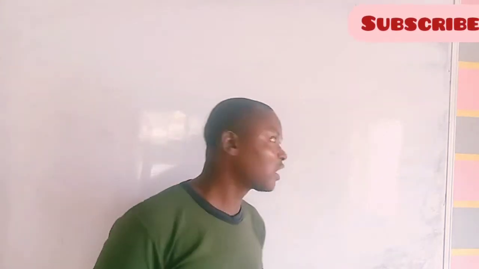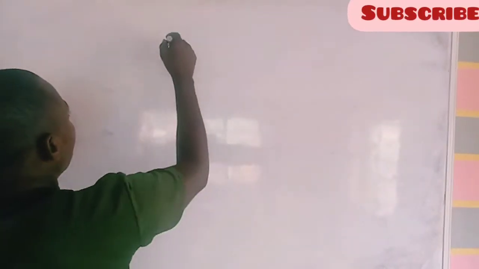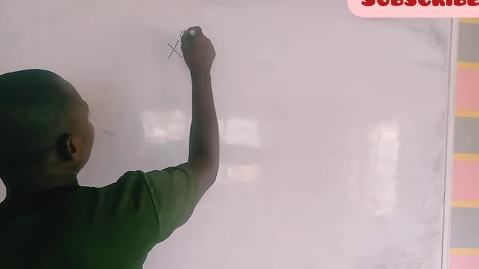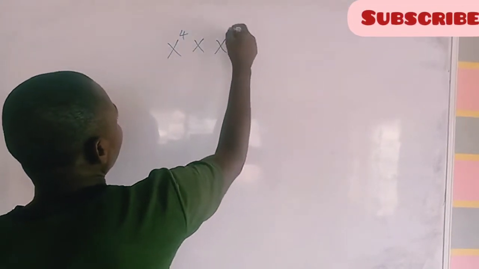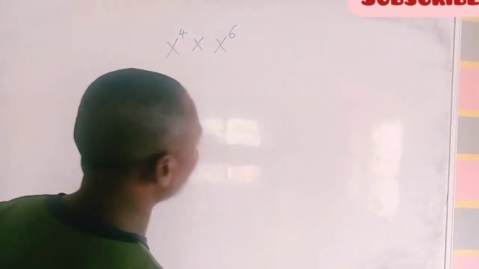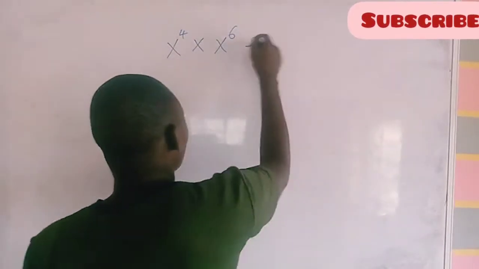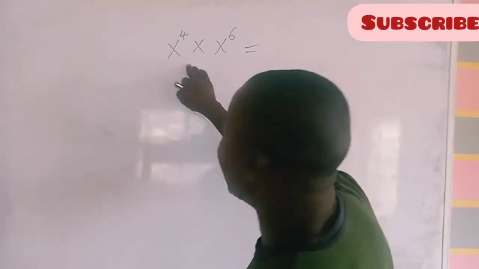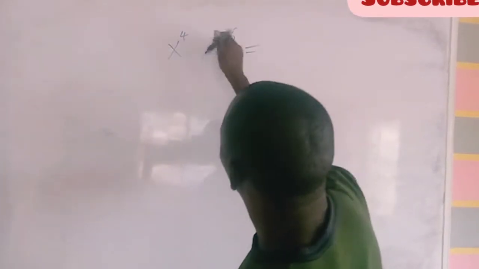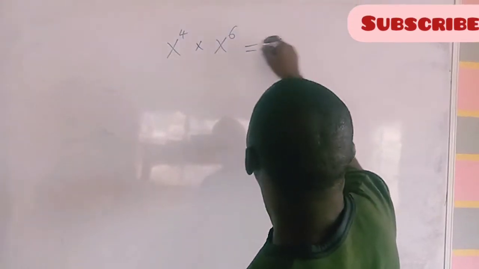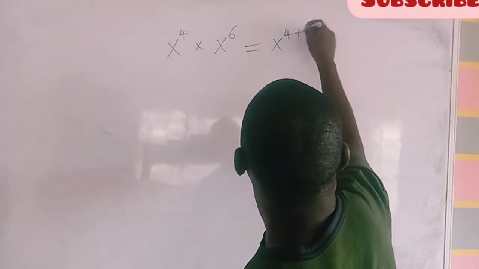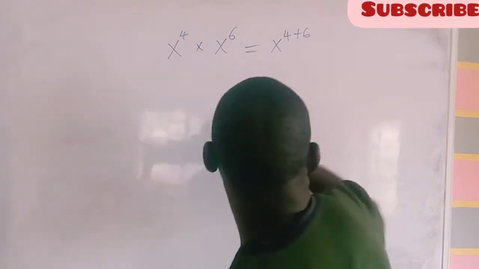For example, if you have x raised to the power 4 times x raised to the power 6, according to the law of indices, we just pick one of the bases, which is x, and we say 4 plus 6, because multiplication is in between them.